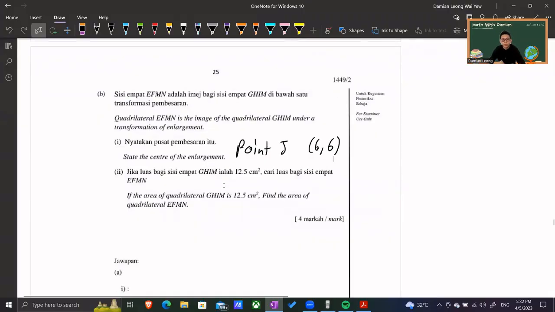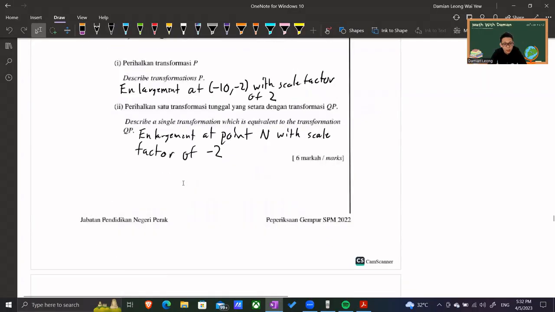But make sure you remember, area of image is equal to scale factor squared times area of object. Make sure you square the scale factor. So it will be 50 cm square. That's it.